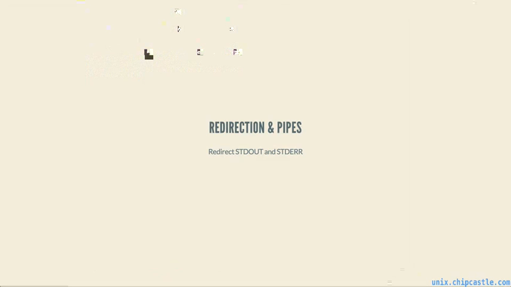Using the ampersand with a greater than symbol is just one of the ways to accomplish this type of redirection. As a side note, be sure to type the ampersand immediately followed by the greater than symbol, with no white space in between.